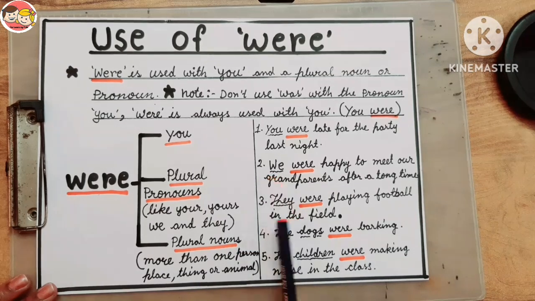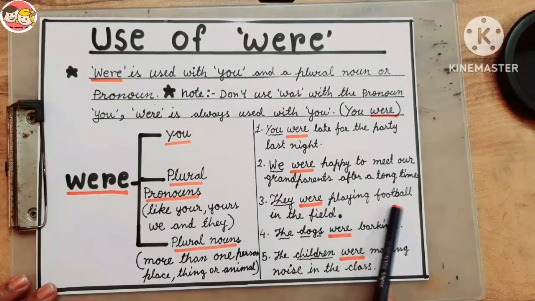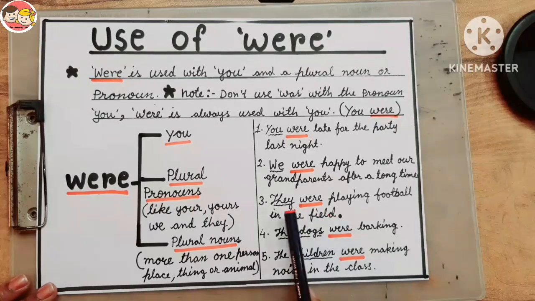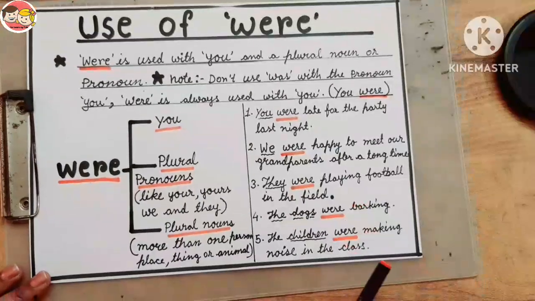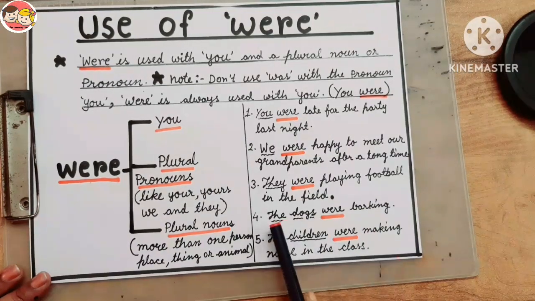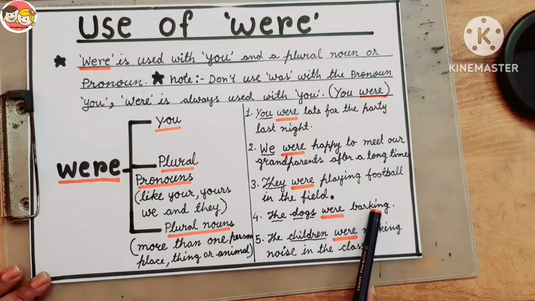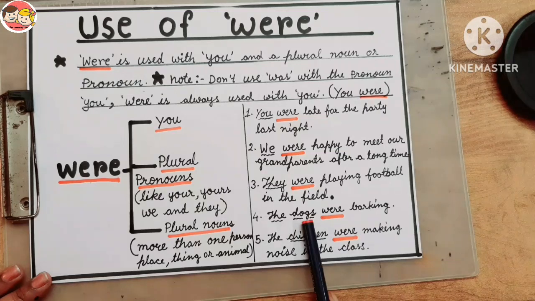Now next example. They were playing football in the field. They is a plural pronoun. So here we are talking about many people. Therefore, were is used over here. Were is also used with plural noun or names. Like the dogs were barking. Here we are talking about many dogs.